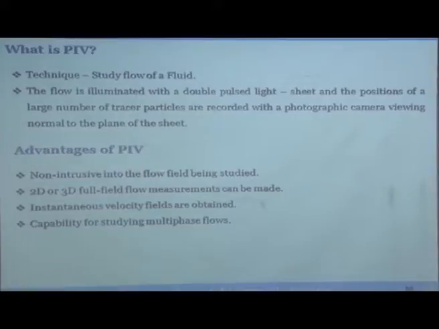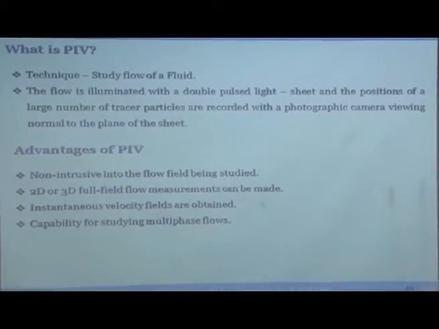What are the advantages of PIV? See, if there is a flow, suppose for example, let me ask you this question. If there is a flow of a river, how do you measure the velocity at different points? You use a pitot tube.